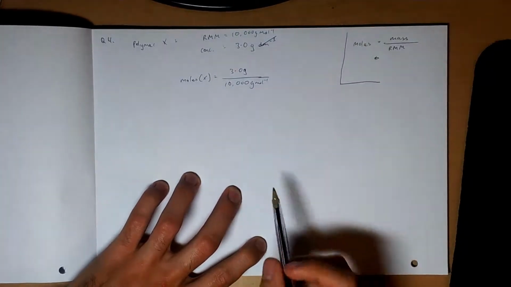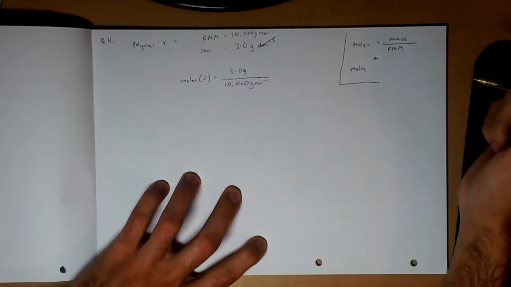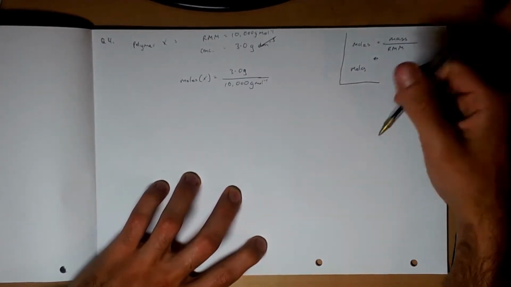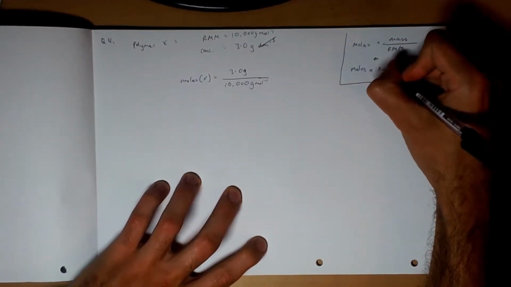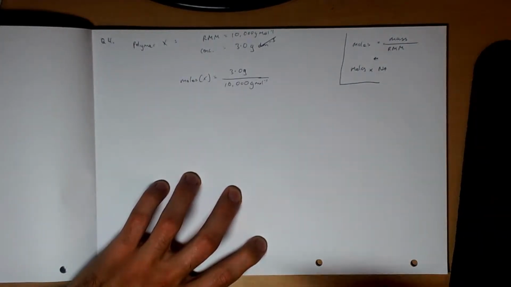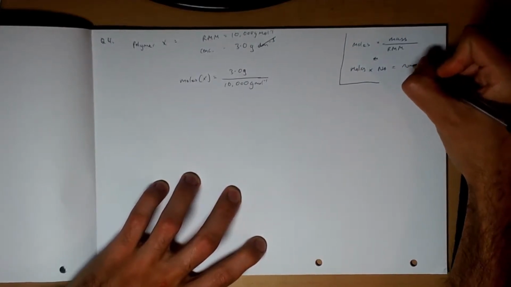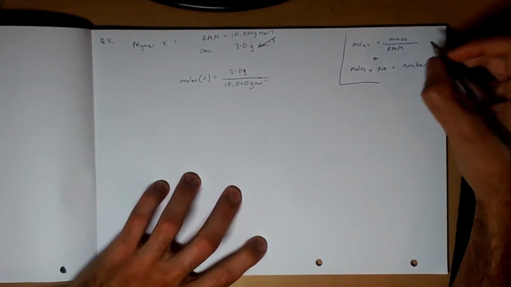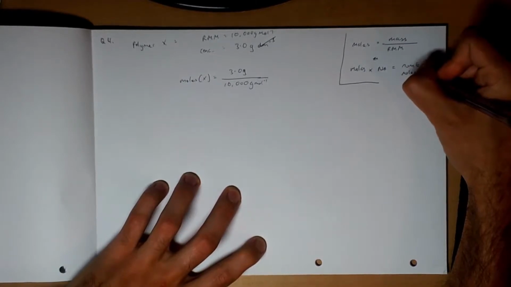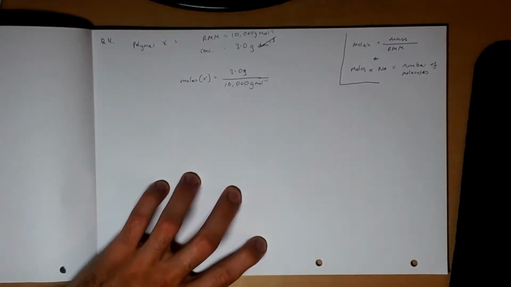What this gives us is the moles, and then the moles times Avogadro's number, 6.023 times 10 to the 23, will give us the number of molecules, as Avogadro's number is the number of molecules or particles in a mole of substance.